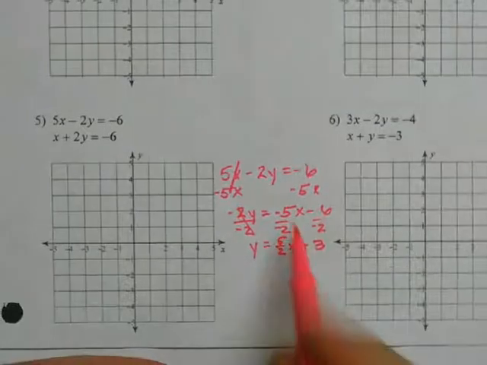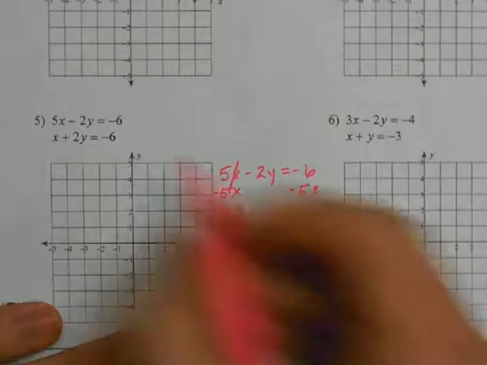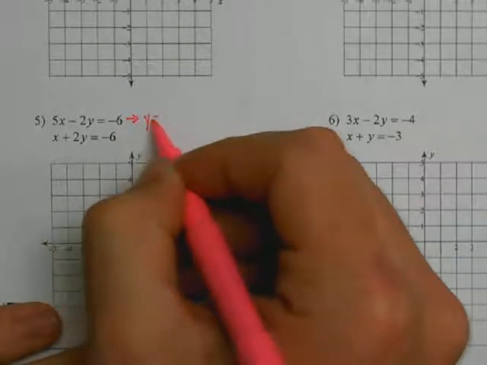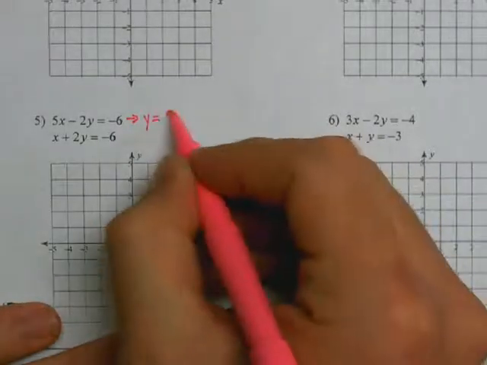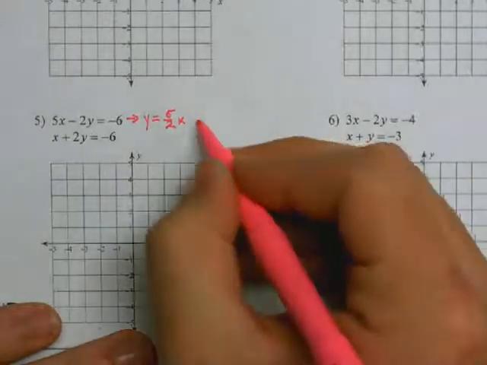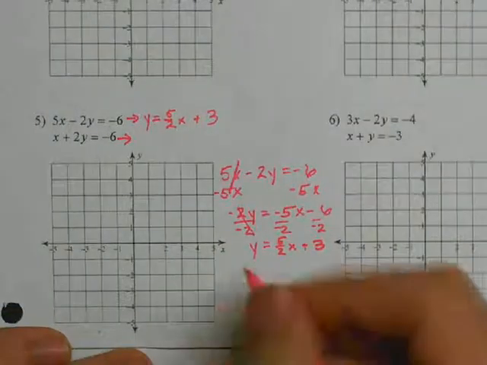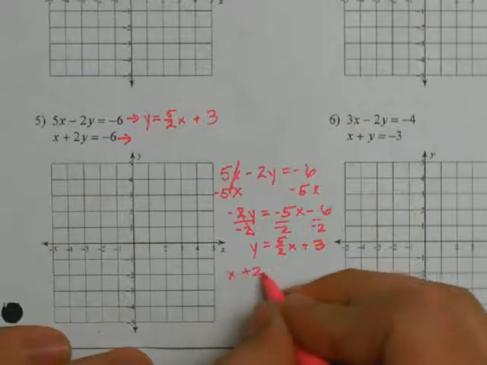The negatives basically cancel. So this was converted to y equals 5 over 2x plus 3. Now we need to move the other one into slope-intercept form so we can graph it. So I got x plus 2y equals negative 6.